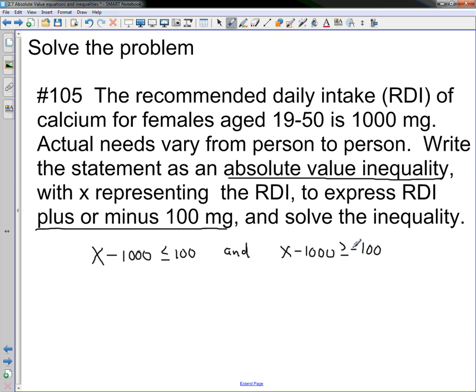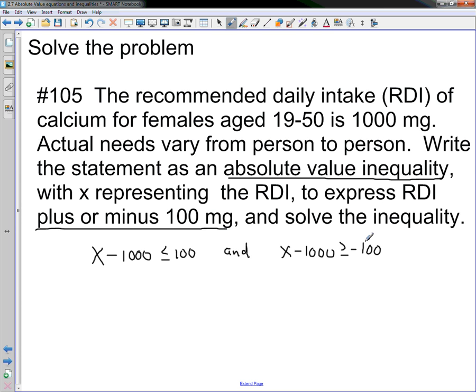So if we go ahead and look at putting this into an inequality, what ends up happening is you have the less than or equal to 100, and the greater than or equal to negative 100. So look back at your notes and look at the greater than and the less than symbols and see which one this falls into.